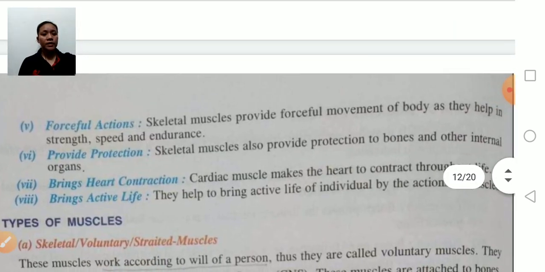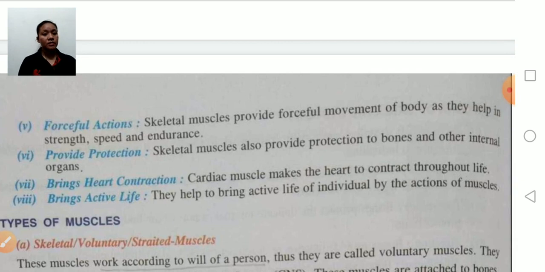Forceful action. Skeletal muscles provide forceful movement of the body as they help in strength, speed, and endurance. Provide protection.